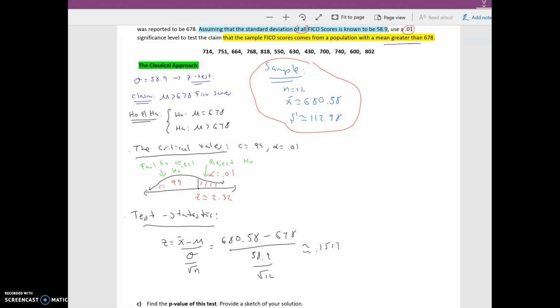0.1517. Now, what you're going to be comparing in your final answer is where this happens to land based on the population.